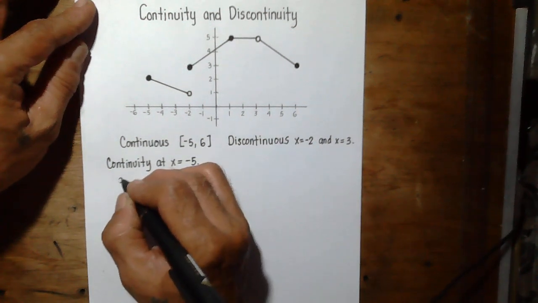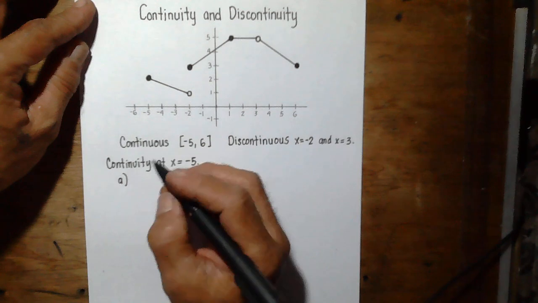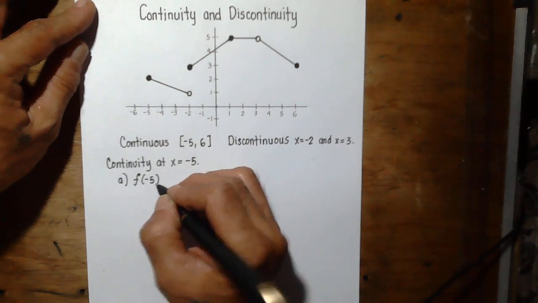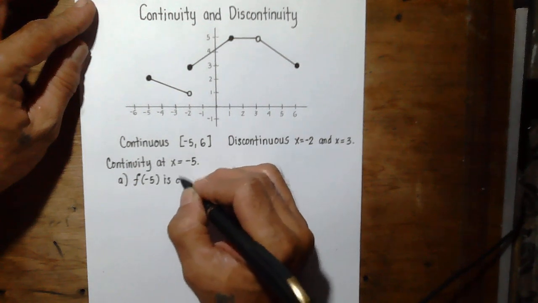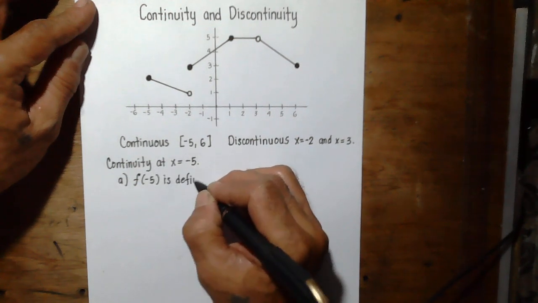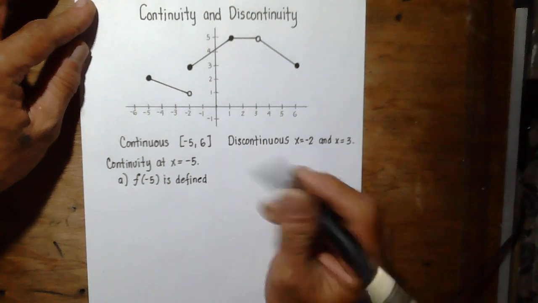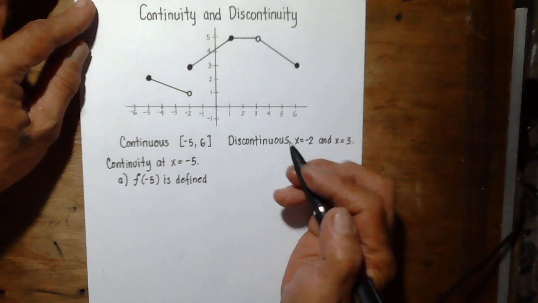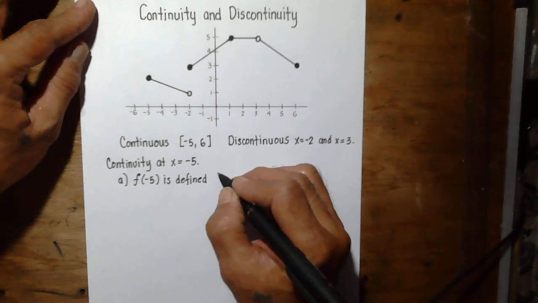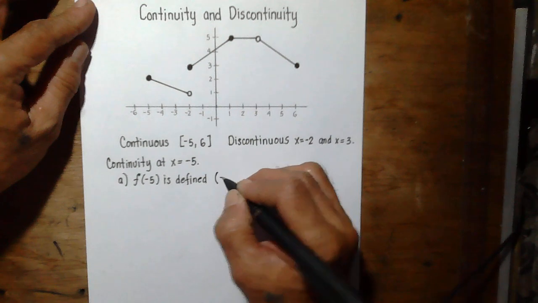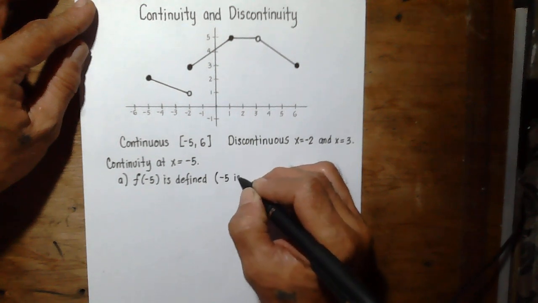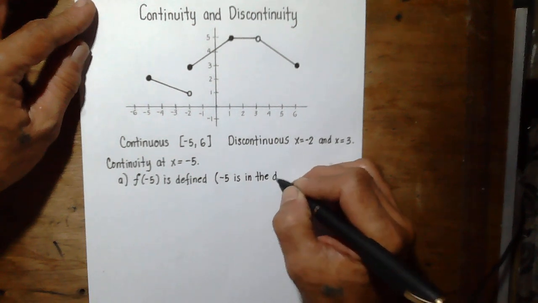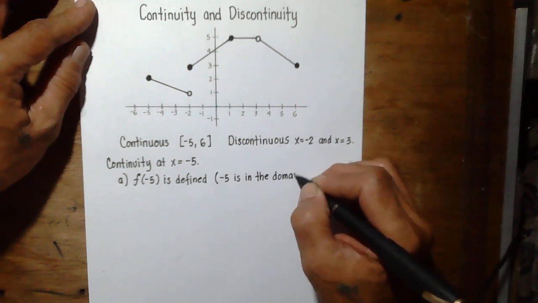A, f of -5 is defined. As we have said earlier, -5 is in the domain of the function. So we write it here. -5 is in the domain of the function.